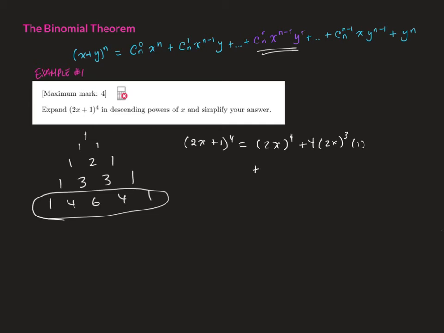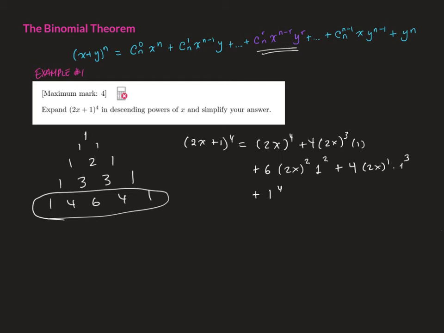Now the third term is going to be coefficient 6, (2x) to the power of 2, because we are decreasing the powers of 2x, and 1 would appear with a power of 2. Plus, the next term would start with a 4 coefficient, (2x) to the power of 1 times 1 to the power of 3, and we would end with a 1 as coefficient times 1 to the power of 4.